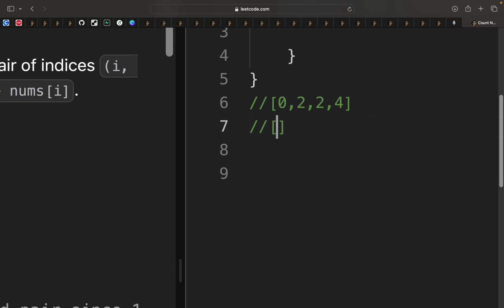So I am writing down the indices here: 0, 1, 2, 3. So the difference between this and this is 2, and the indices difference is also 2. So this is a good pair. Also the difference between this and this is 2, and the difference between their indices is also 2.